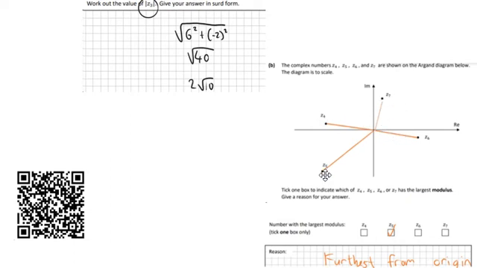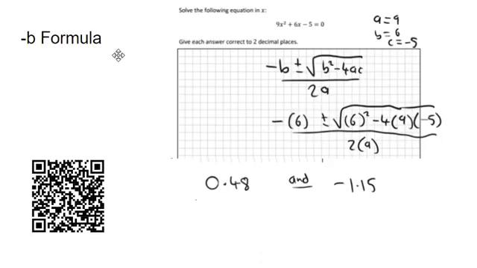The Z5 is obviously the furthest one away from the centre, so a lot of students would have guessed that even if they didn't really know it beforehand. Z5 kind of looks like it's out by itself anyway, so might have given you a clue there as to why, and the reason is just that it's furthest from the origin. So that's complex numbers. The next one is minus b formula.